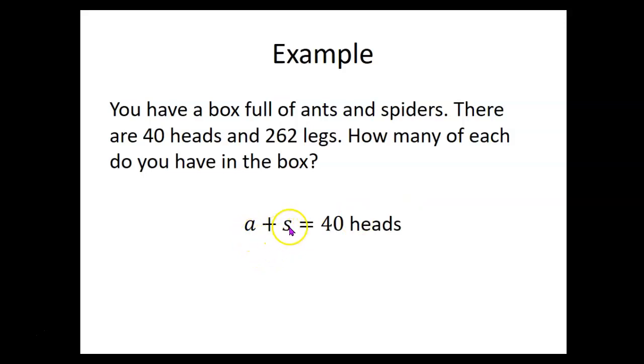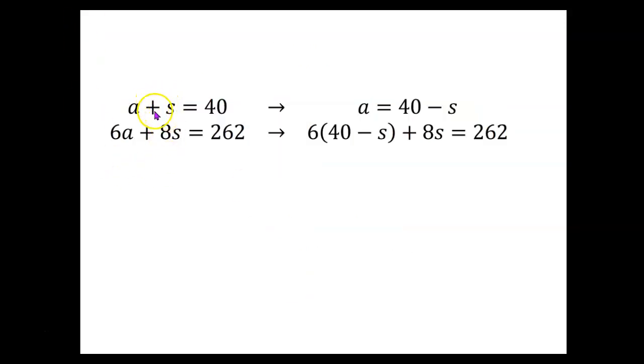One where we count up the heads, 1 for each ant plus 1 for each spider equals 40 heads, and then another equation when we count up the legs. 6 for each ant plus 8 for each spider equals 262 legs. So there's our system. We could solve it either by the substitution method or by the elimination method.